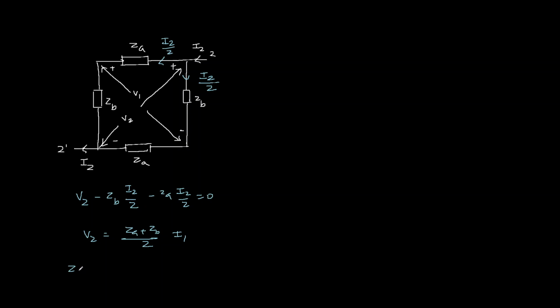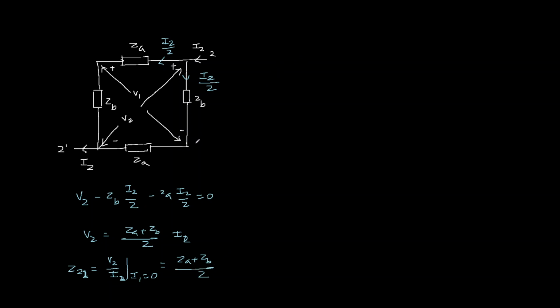So we have now simply Z22, which is V2 by I2 when I1 is 0, and it is equal to ZA plus ZB by 2.